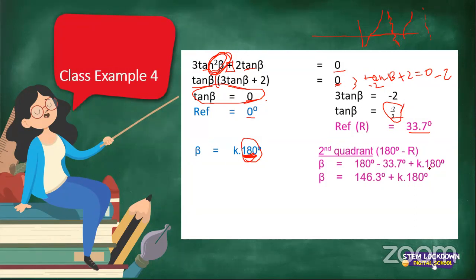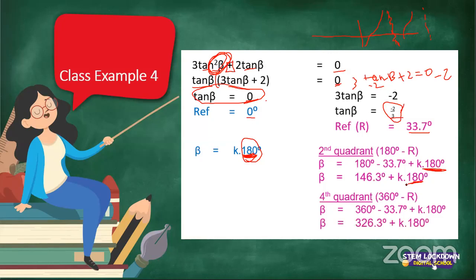Reminder, I'll keep reminding you: where we talk tan, we talk 180. And then for your fourth quadrant, the same rule applies. It's 360 minus your reference angle.